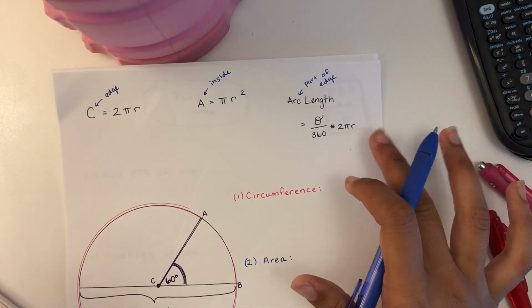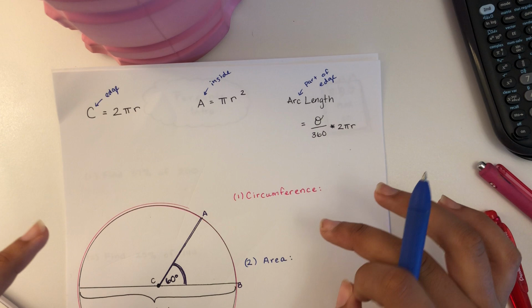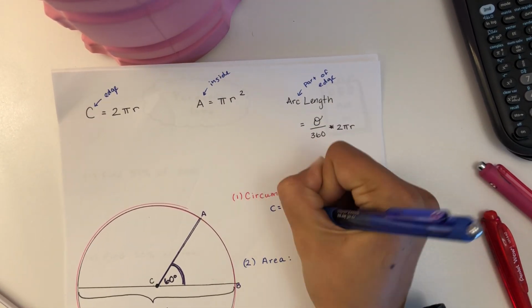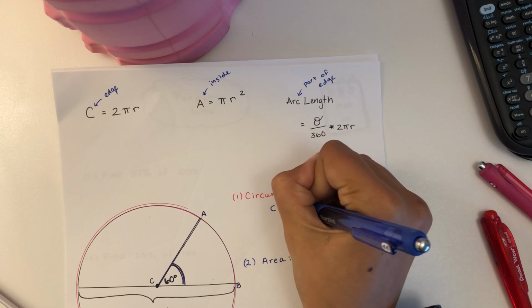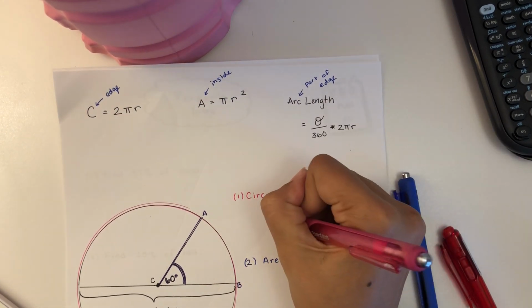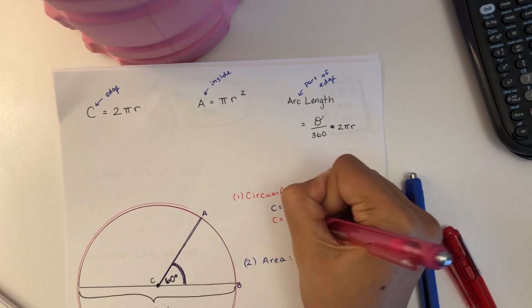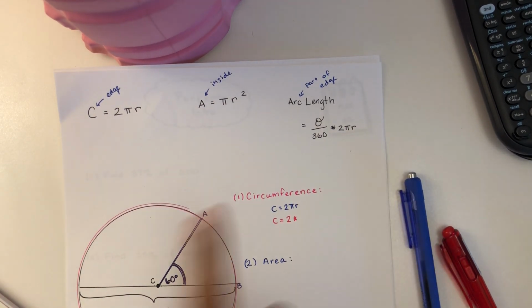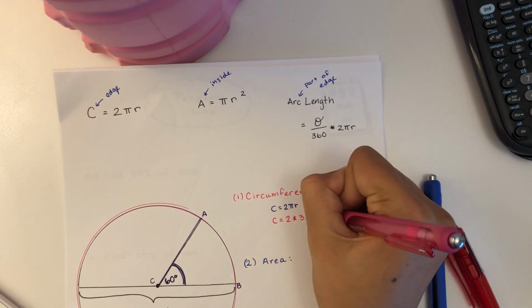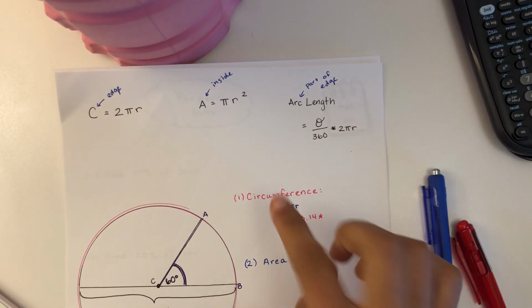All right, let's start off by finding circumference. So I know some of you don't have calculators at home. You can use your phone. The formula for circumference is C equals 2 pi r. So instead, let's do C equals 2 times, instead of pi, let's use 3.14, because that's what pi is.